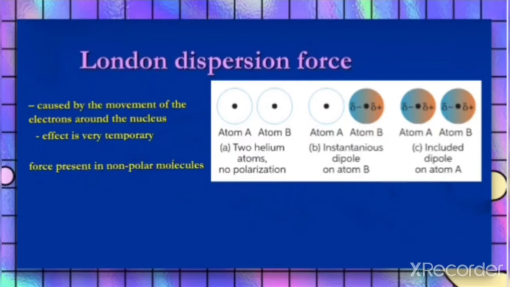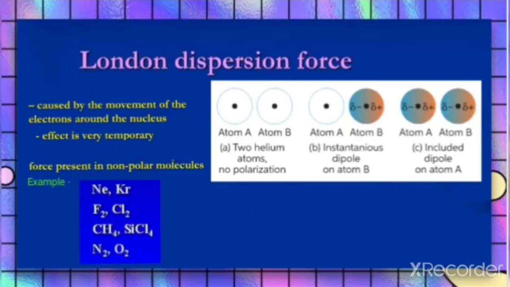So this effect is very temporary. We can say that it is a temporary effect because the force here is a temporary force. The force is present in non-polar molecules, for example, in neon, argon, krypton.